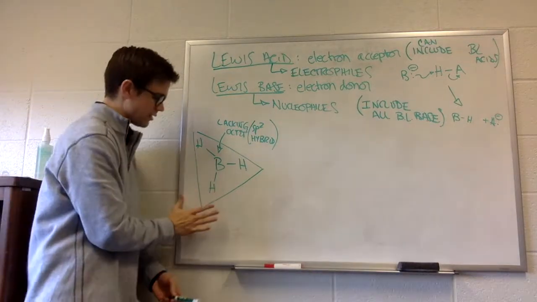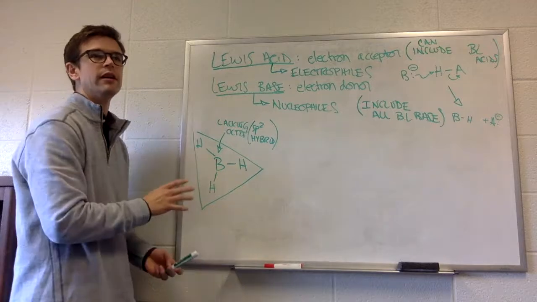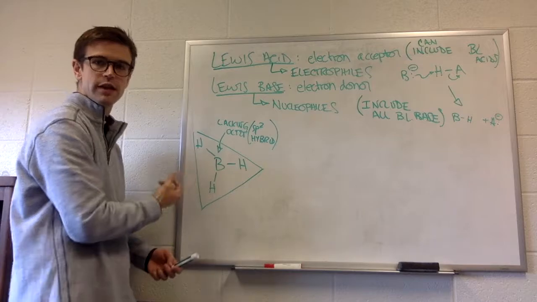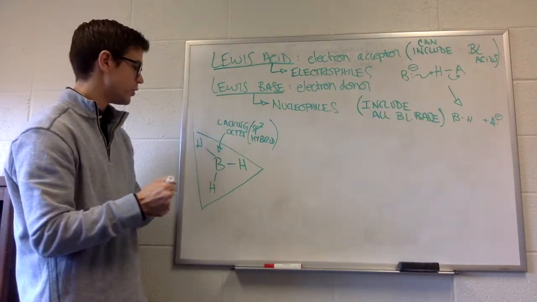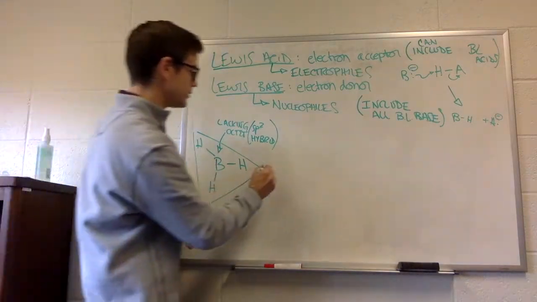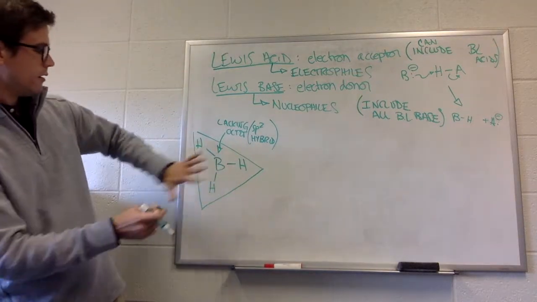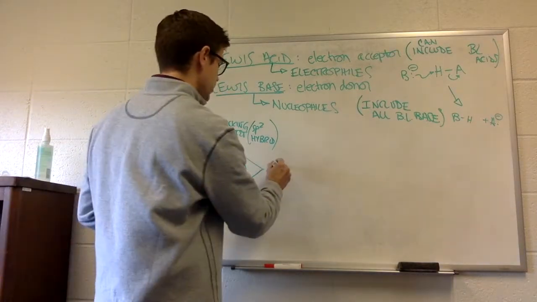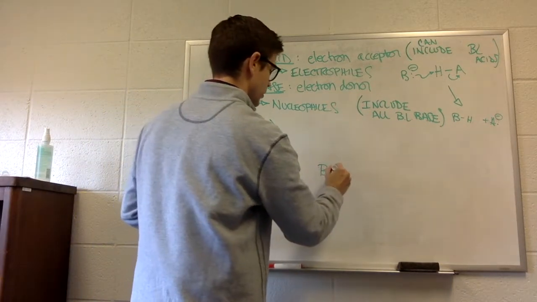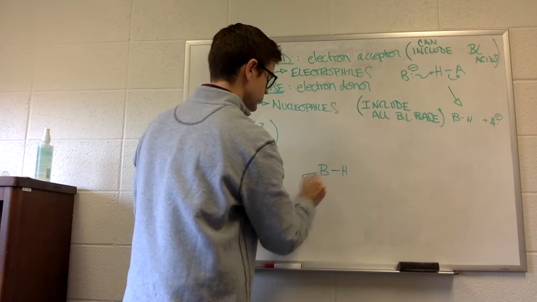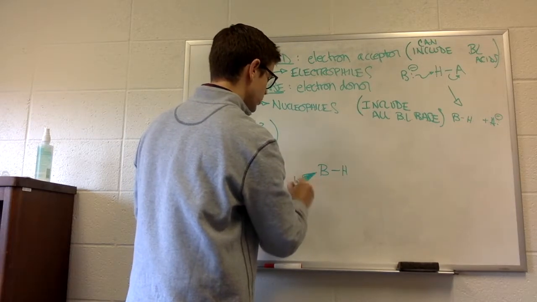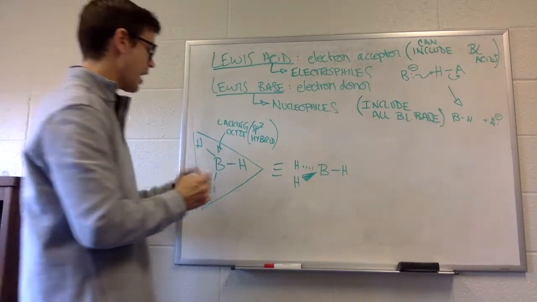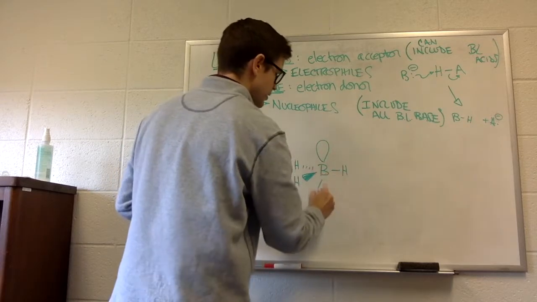But we can also take that triangle. In regards to that triangle, where is the p orbital? The p orbital would be in front and behind the board. So we can take this triangle and turn it sideways, rotating it from this direction to this direction. And when we do that, it takes the p orbital from being in front of and behind the board to being in the plane of the board.